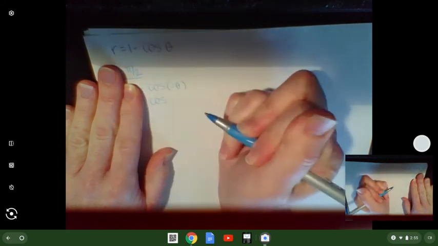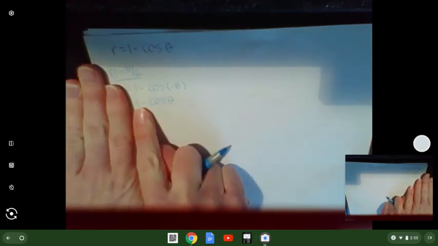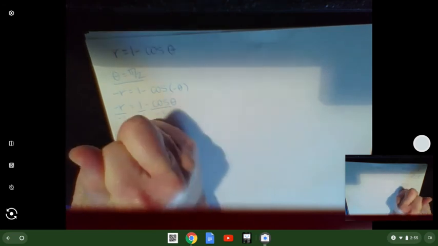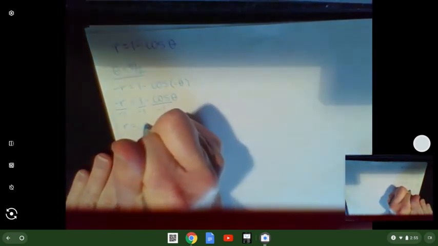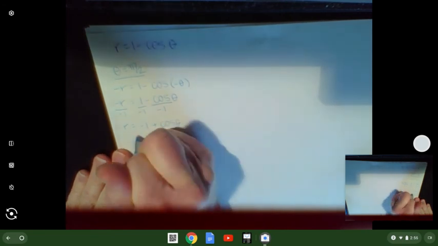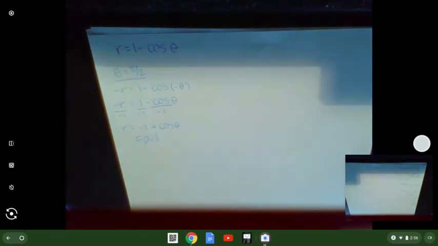So I know that cosine of negative theta simplifies to cosine of just positive theta, bringing down everything else. Now, while this right side matches my original, that left side does not. And even if I divide everything by -1, that would fix my left side and give me that positive r, but it would turn my right side into the opposite of what we want. So, as we expected, this is a fail on the symmetry test for theta equals pi over 2.